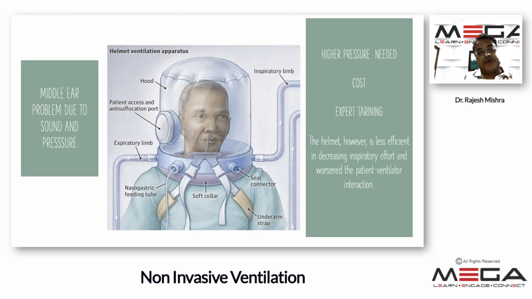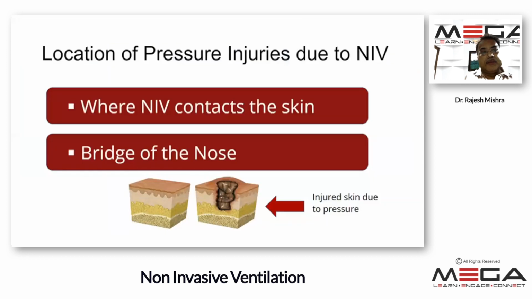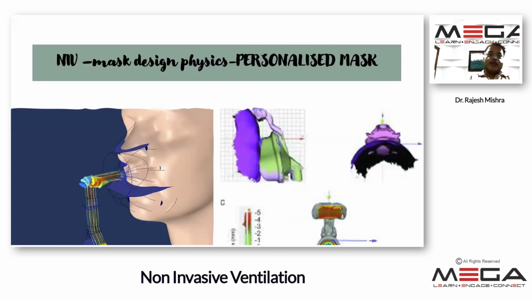Most of the time we use a mask. The important thing about the mask is that if you are not using the appropriate size, it will cause skin injury and injury at the bridge of the nose, which can even cause an ulcer if the mask is used for a long time. And that's where the concept of mask design physics comes in, with personalized masks. If it becomes practical, every individual gets a special kind of mask to avoid this kind of injury and to get a seal-proof, leak-proof mask.